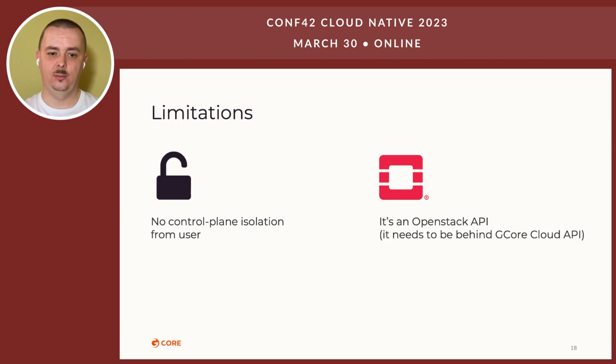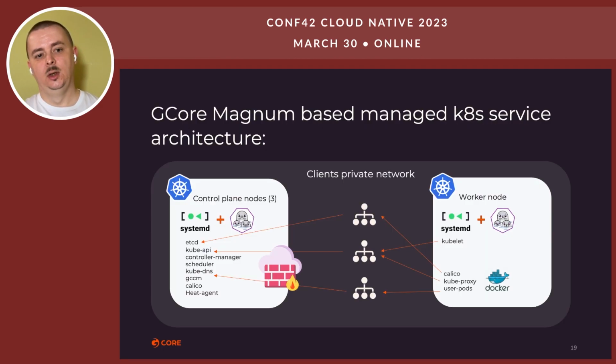Let's talk about the control plane isolation. Here's a scheme of Gcore Magnum-based managed Kubernetes service architecture on the cluster level. So managed Kubernetes cluster is always inside the client private network, and client can select which networks he prefers.